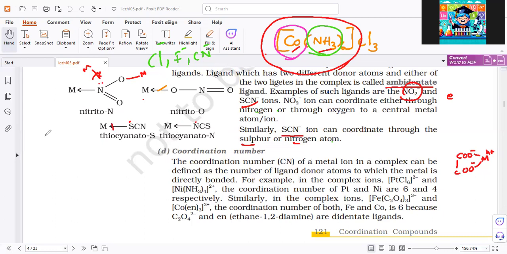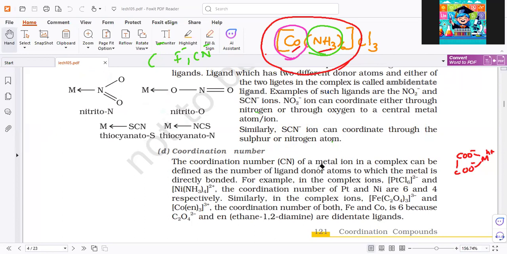So now coming to the next term we are going to study, coordination number. That's a very important concept in coordination chemistry, coordination number or CN.